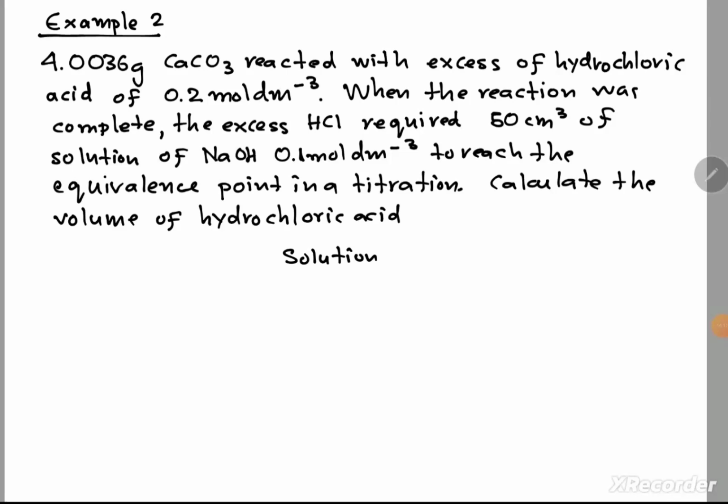Let's see the solution. We write the first reaction.